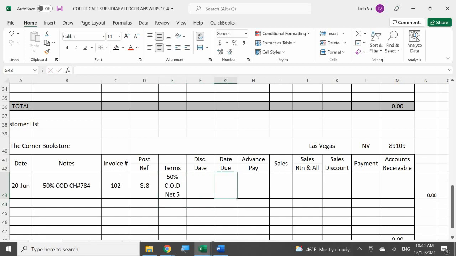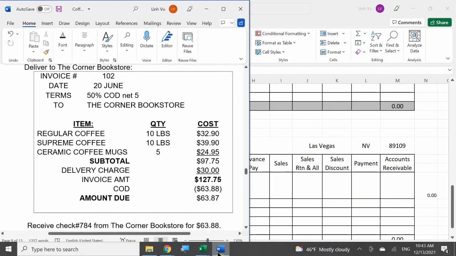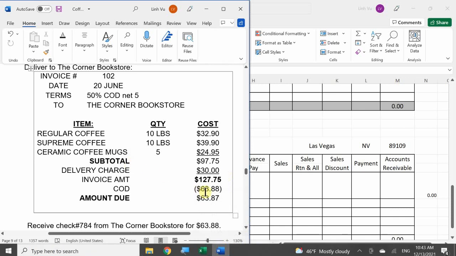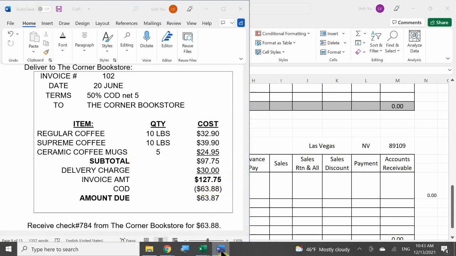So in this case, when is the actual due date going to be for the remaining of the invoice? June 25th. June 25th, okay? And then, of course, let's go ahead and see what the sales price was. $127.75.